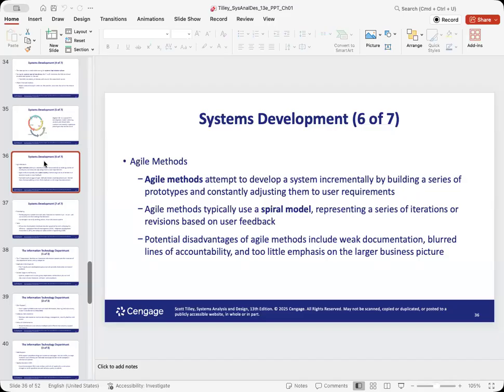You don't just develop the system and then wait for users to use it and give you feedback before you add more. Rather, you quickly host it or put it online, and then you top up as you go. That is how the agile methods behave. It attempts to build a system incrementally by building a series of prototypes and constantly adjusting them to the user's requirements. All right, is it clear?